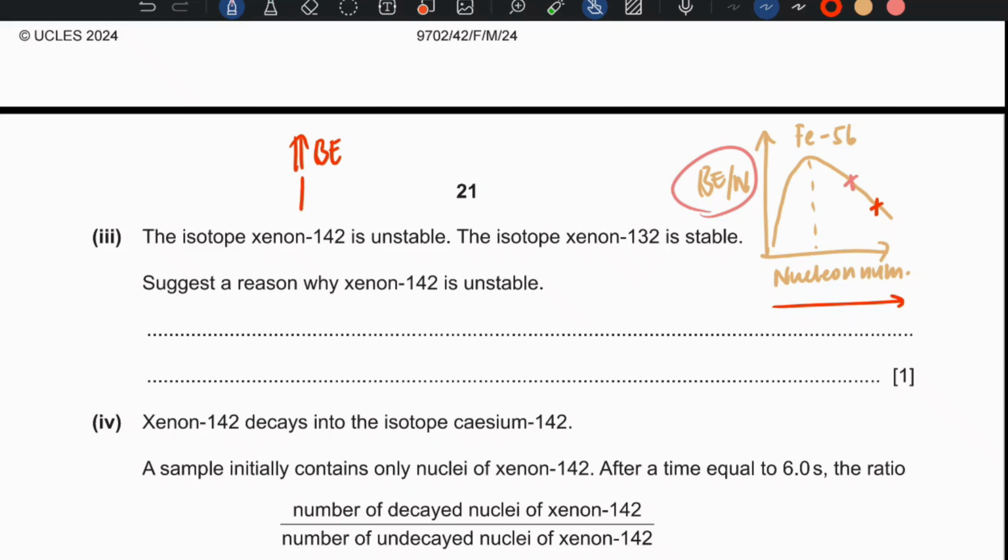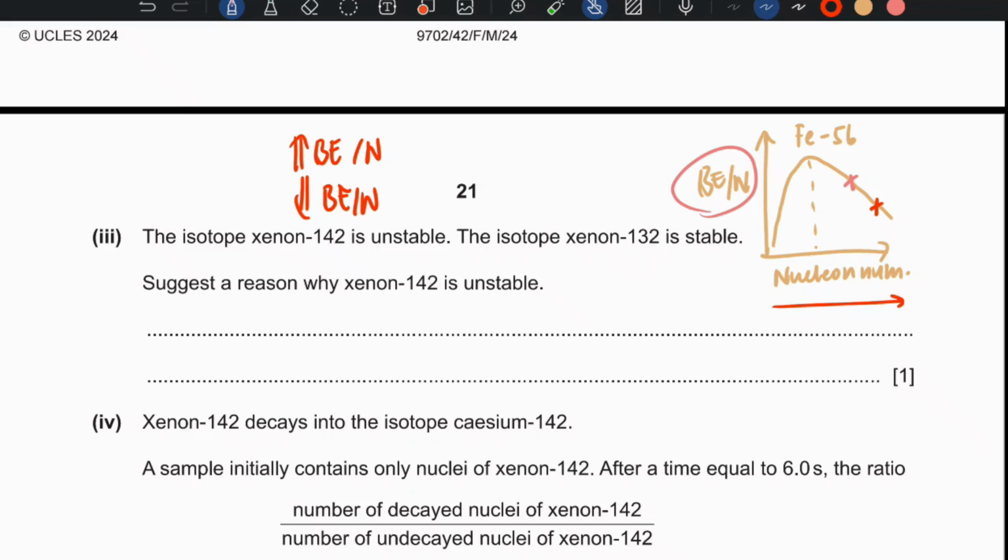But if you have a very low binding energy per nucleon, that means your nucleus isn't that stable. You don't need that much energy to break it apart. So, in conclusion, the greater the binding energy, the greater the stability of the nucleus, and vice versa.